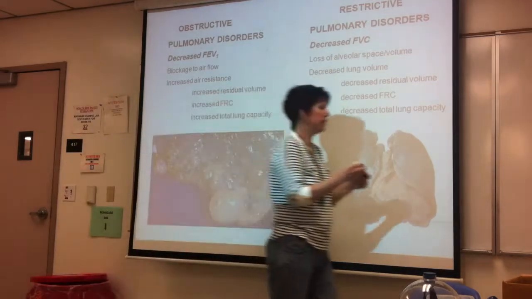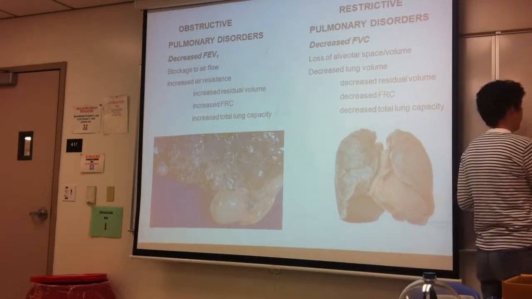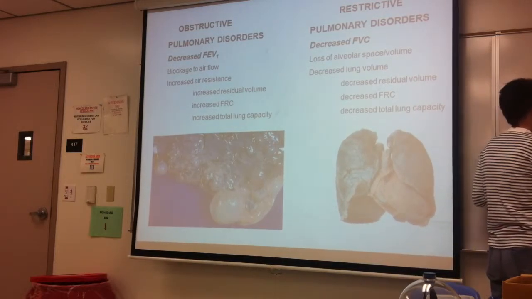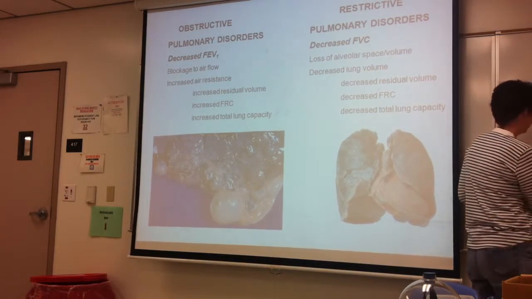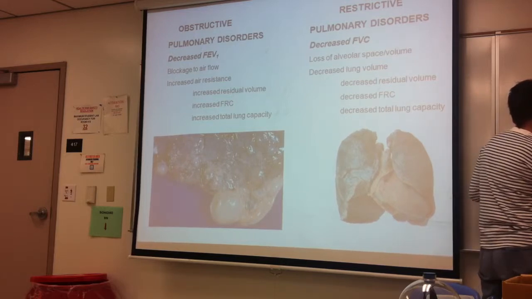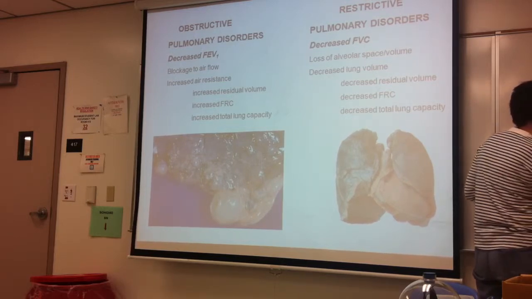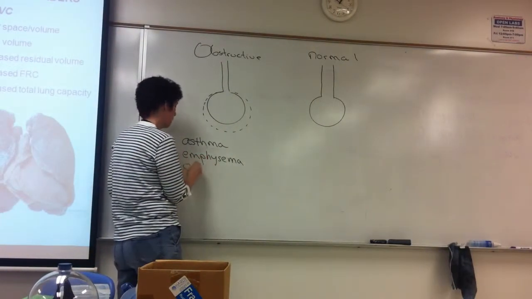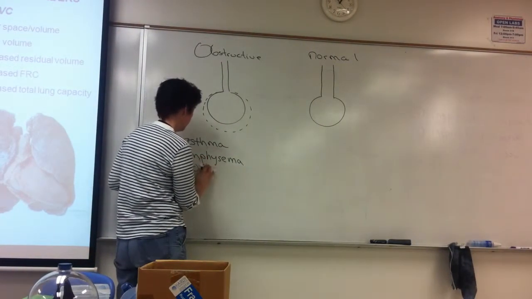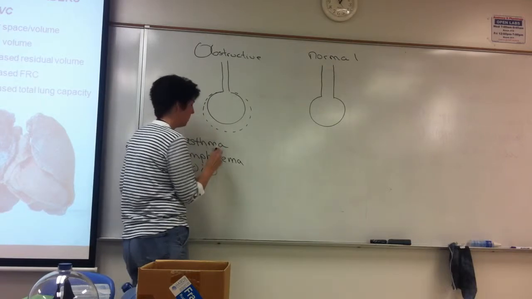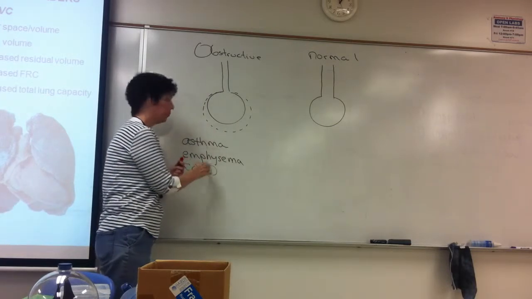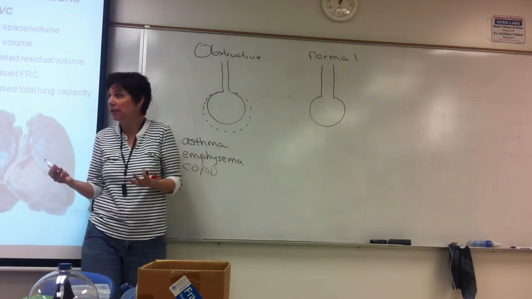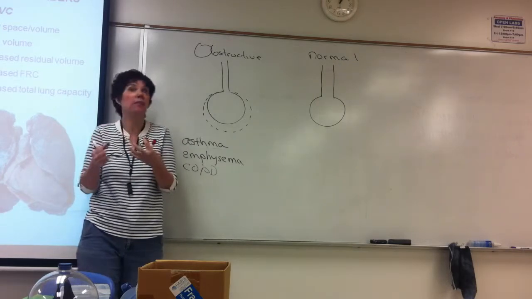Typical diseases that reflect these conditions are asthma, emphysema, and a whole class of inflamed bronchi called chronic obstructive pulmonary disease, COPD. Bronchitis, bronchial carcinoma, where tumors are growing into the bronchi.